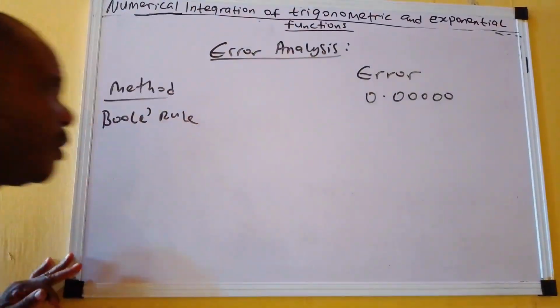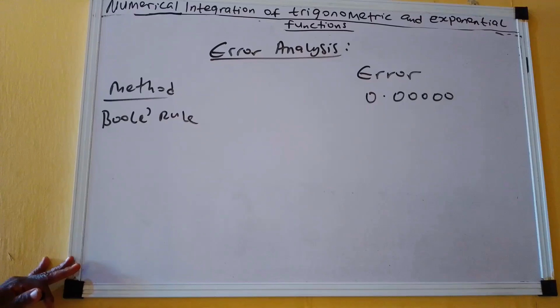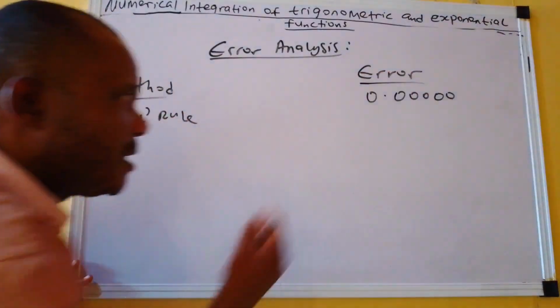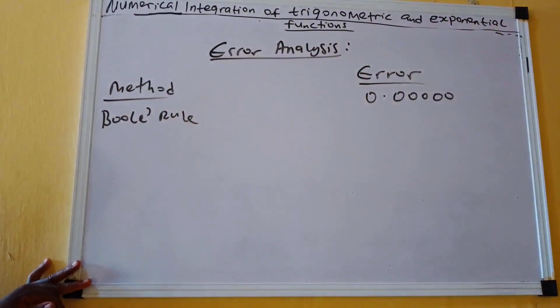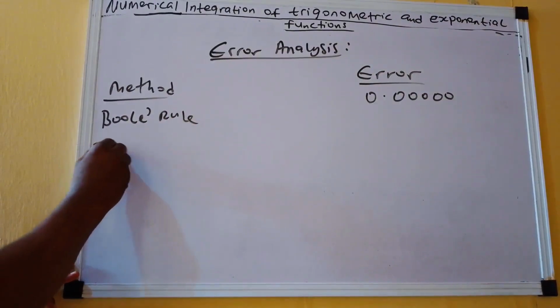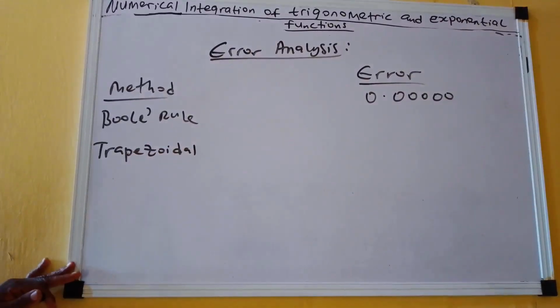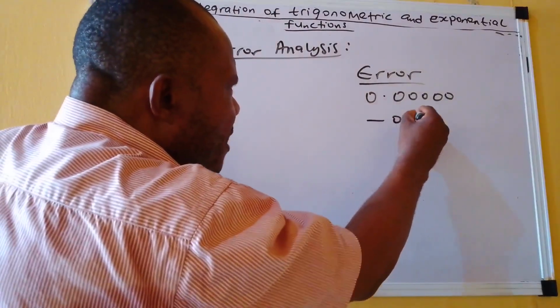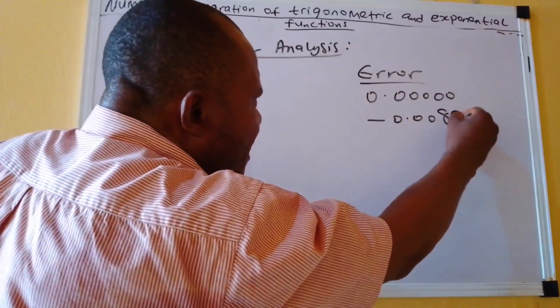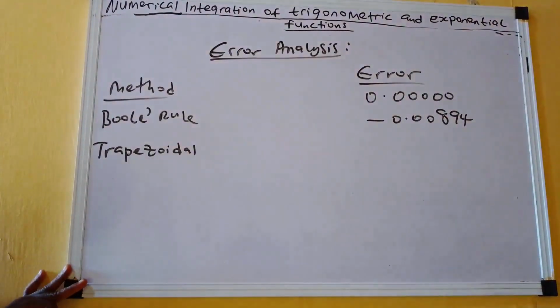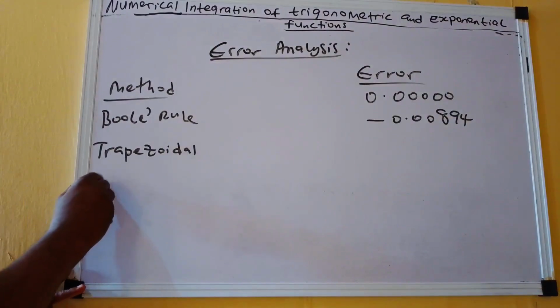We are dealing with it up to 5 decimal places. Then the second method used was the trapezoidal rule, and the error gotten was minus 0.00894.